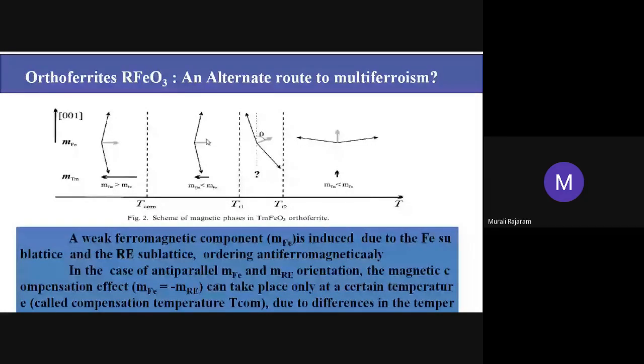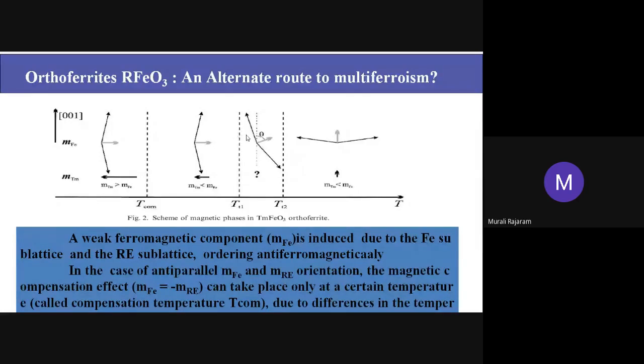So we thought that this is a very good class of materials for type 2 multiferroics, because your dielectric constant is based on the crystal structure, the lattice. Lattice movement, and here the spin is moving.